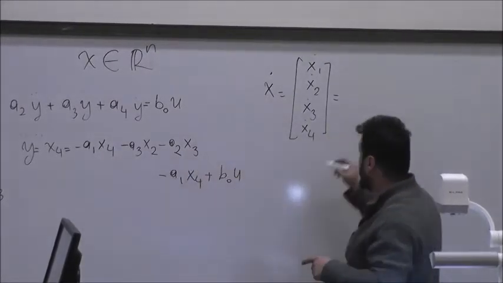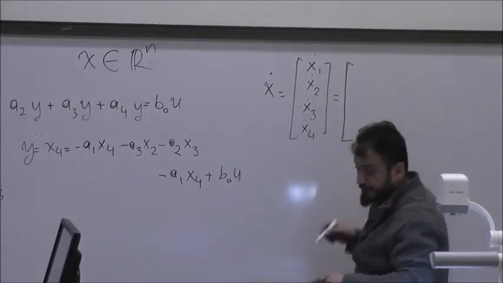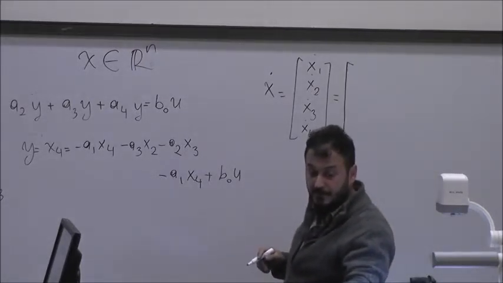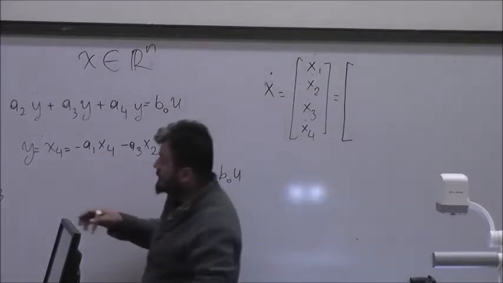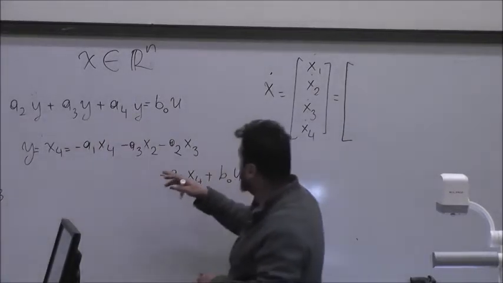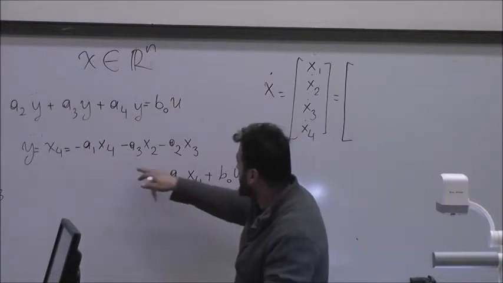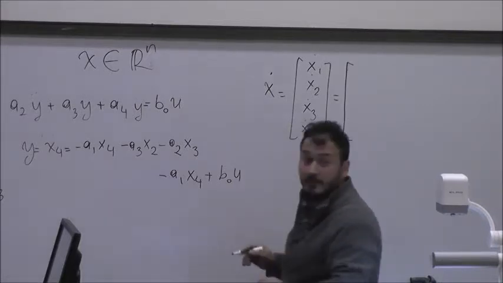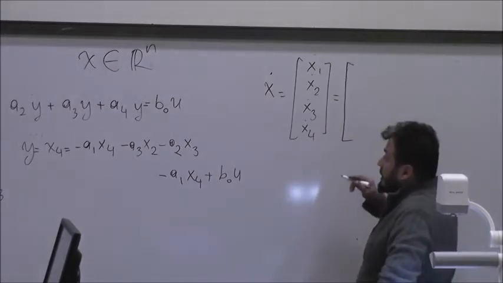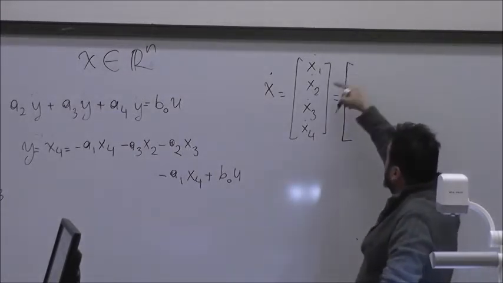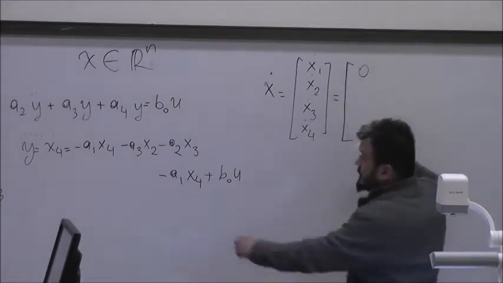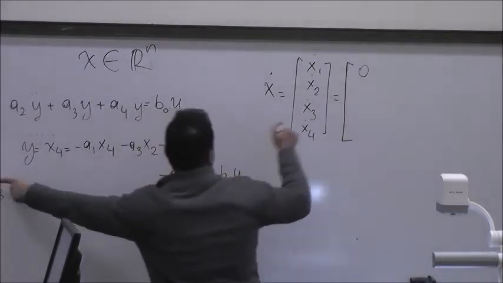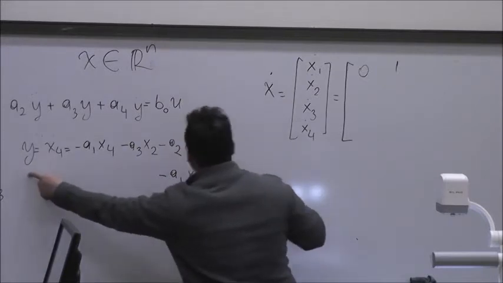Their coefficients are 0, 1, 0, 0. Oh wait, I forgot to rewrite. Here, for x1 dot, I just have x2: 0, 1, 0, 0.